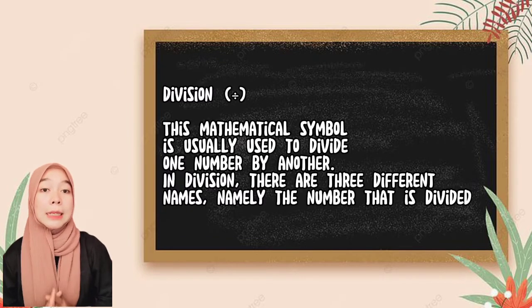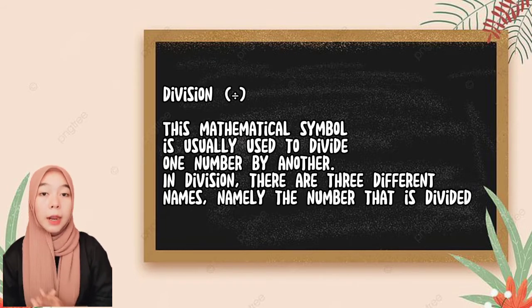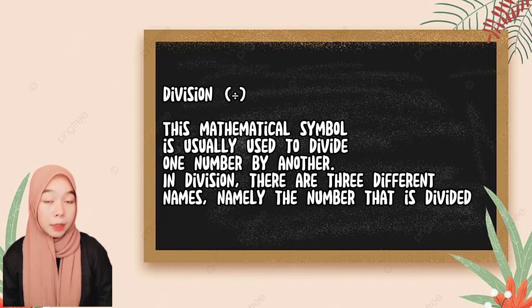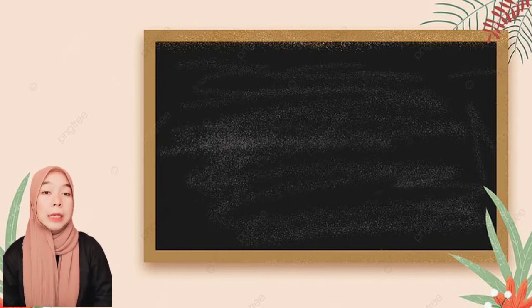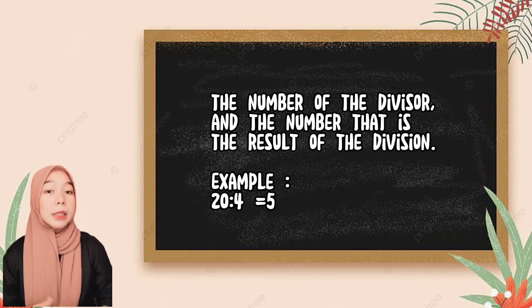The fourth is division. This mathematical symbol is usually used to divide one number by another. In division, there are three different names, namely the number that is divided, the divisor, and the number that is the result of the division.